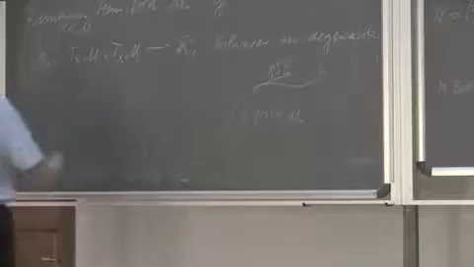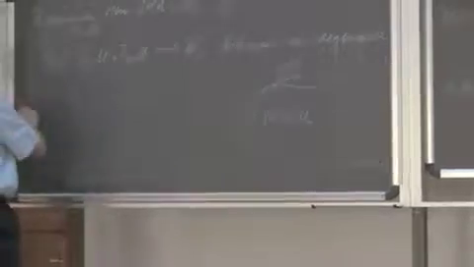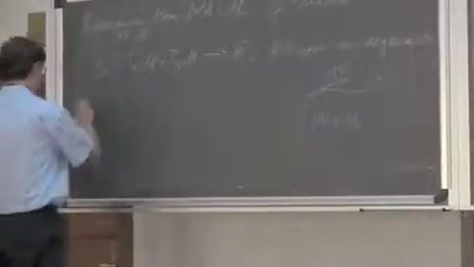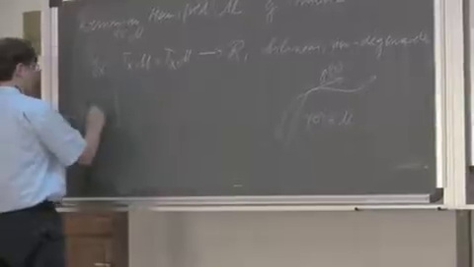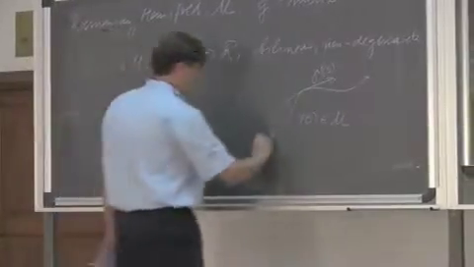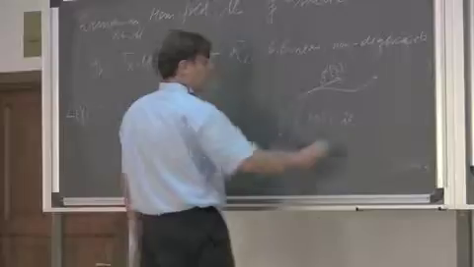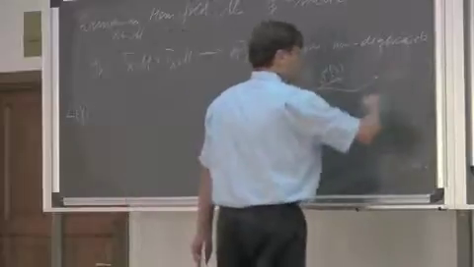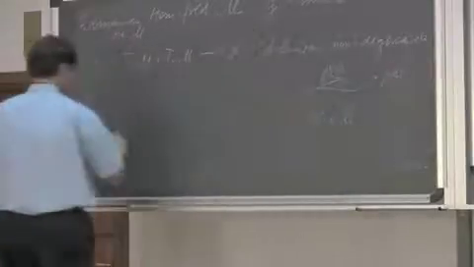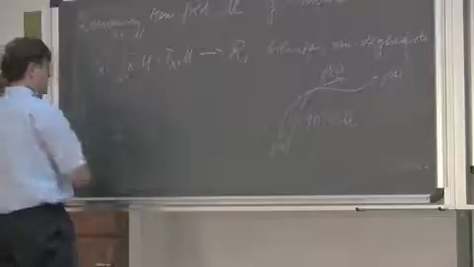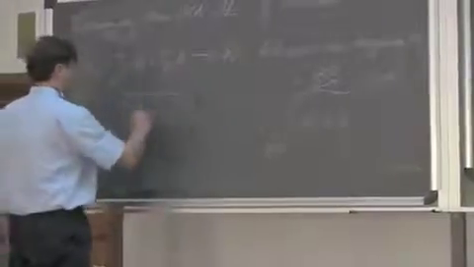So the length of a curve L of gamma, starting at gamma of A, ending at gamma of B, is defined as the integral from A to B of the square root of the metric measuring the length of gamma prime of S, ds.